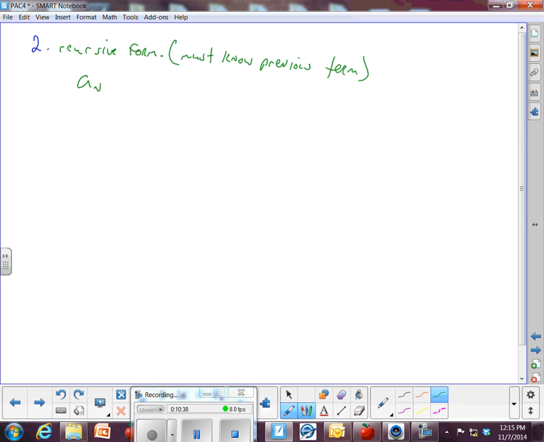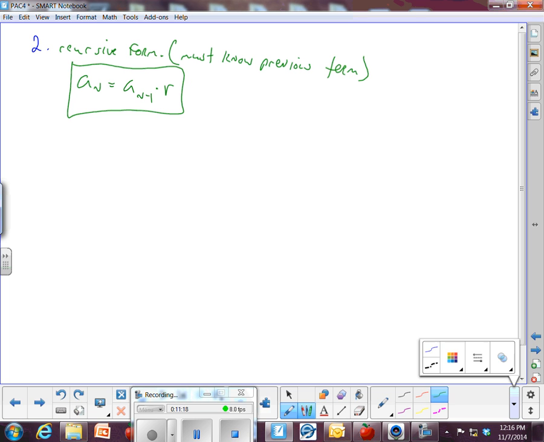So it's a sub n, something general for everything, equals a sub n minus 1, the previous term, and it's pretty easy, times r, which is the common ratio. All right, man the cannons. So that's the recursive formula. Again, there's value if you know a previous term. There's not a whole lot of value if you don't know the previous term.